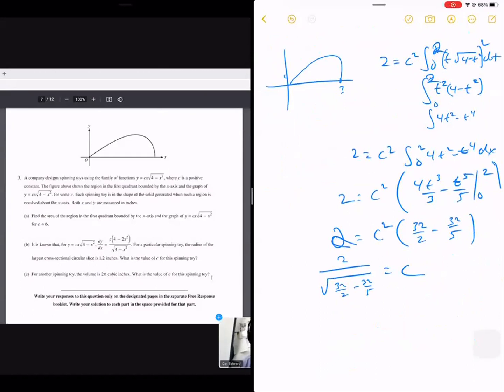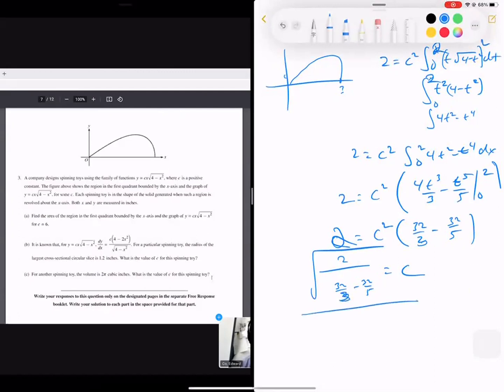Oops, my square root is wrong. We divide it, and then we take the square root. Yeah, at least that's what they did. And if you want to find a common denominator, that's going to be a 15.